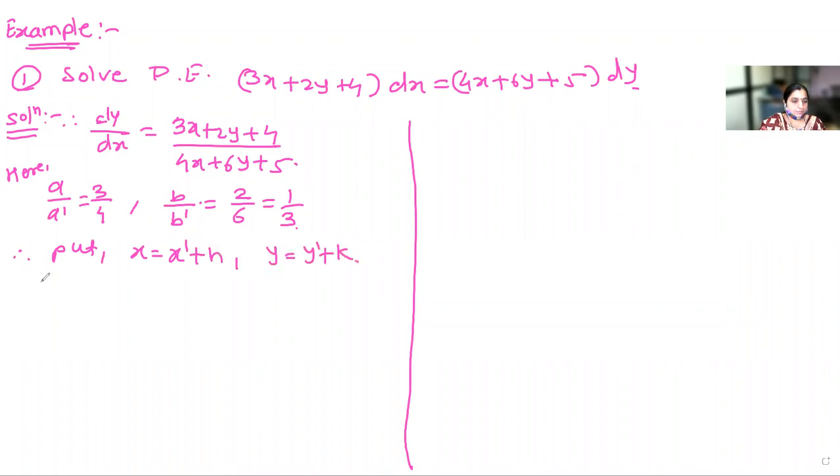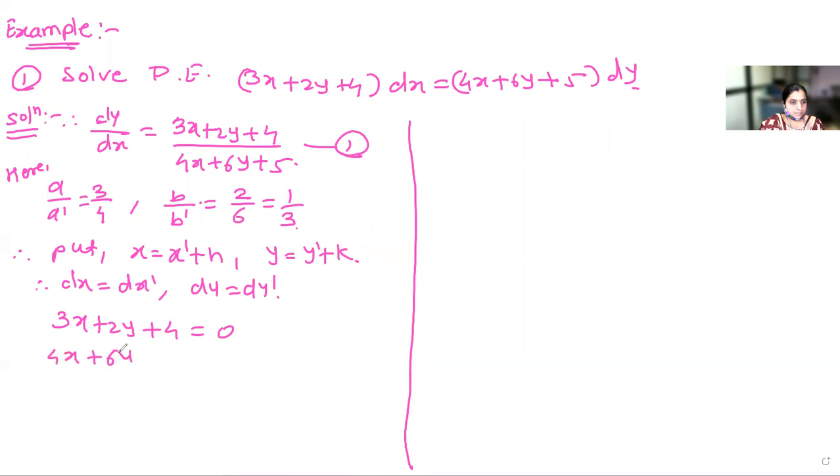Therefore dx becomes dx dash, dy becomes dy dash. Therefore equation 1 becomes... before moving towards that, we solve the two simultaneous equations. Which two? 3x plus 2y plus 4 is equal to 0, and 4x plus 6y plus 5 is equal to 0. Equation number 2, equation number 3.